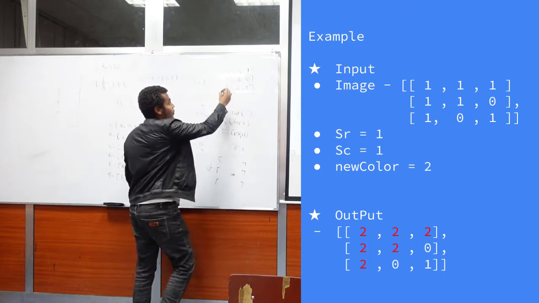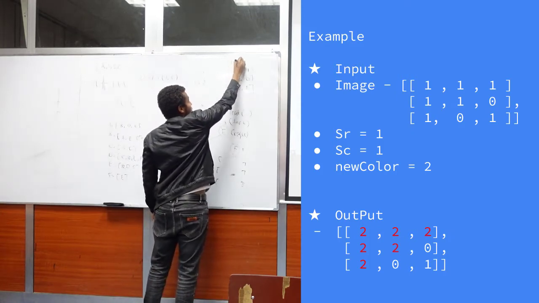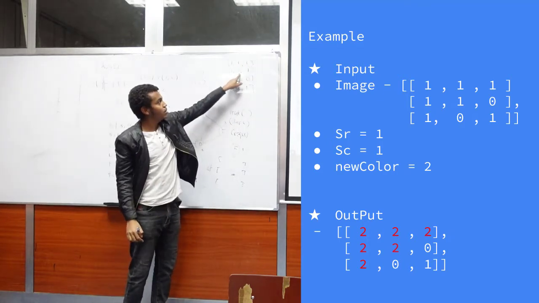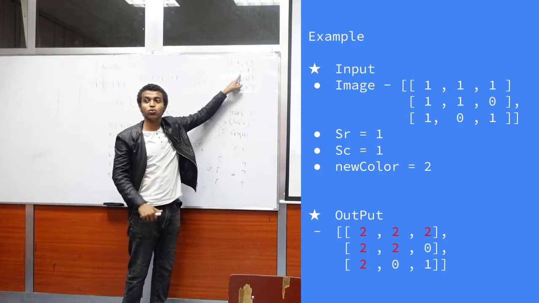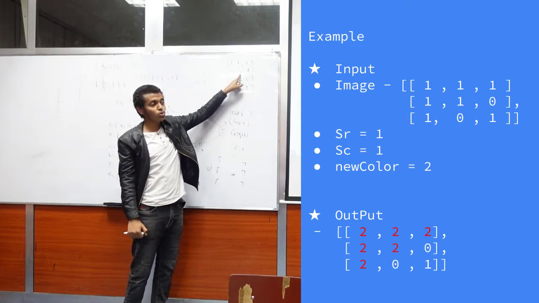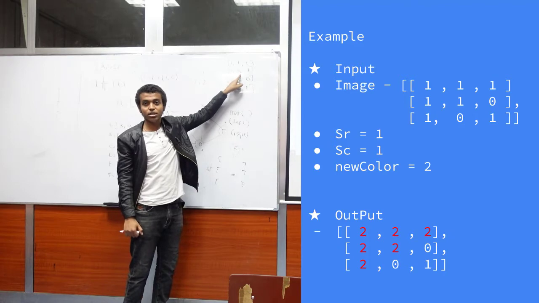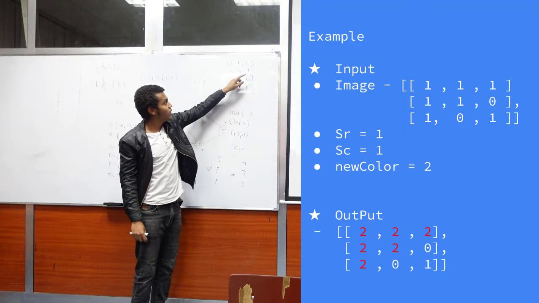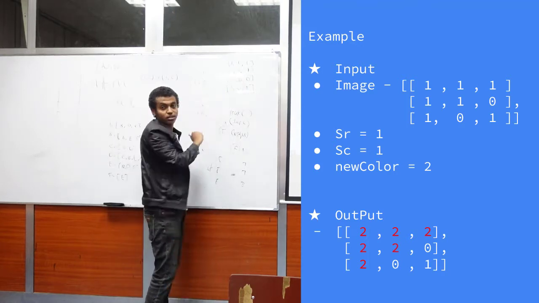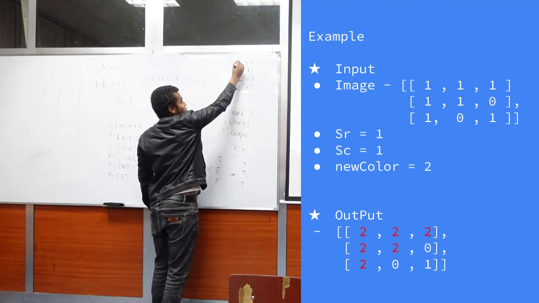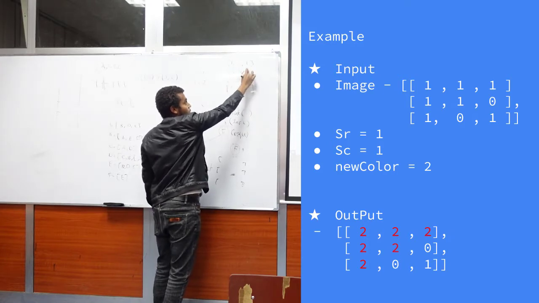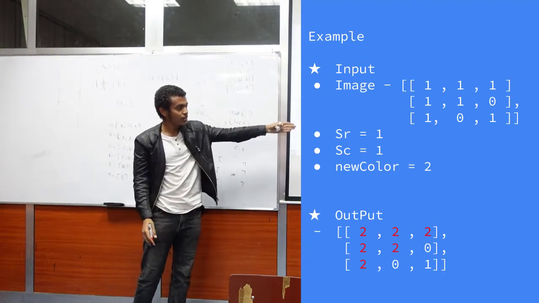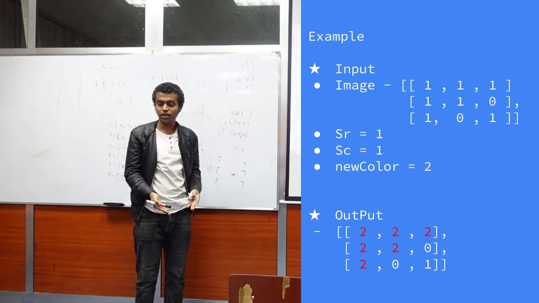So if our grid was bigger, this pixel originally had a color of 1, right? So which elements are its neighbors? These, and this, right? So this process also repeats for this. So this also gets colored as 2, and this is 2, and this is 2. So we do this operation and then return the array after modifying it.